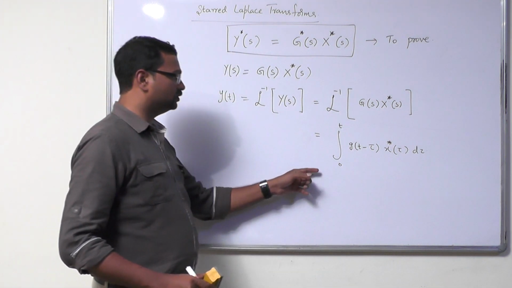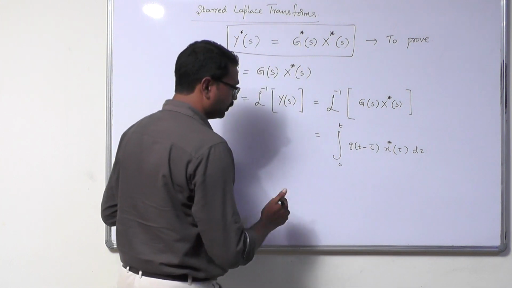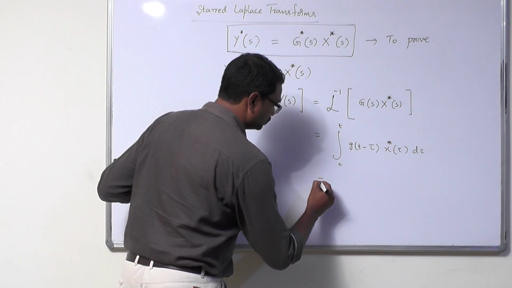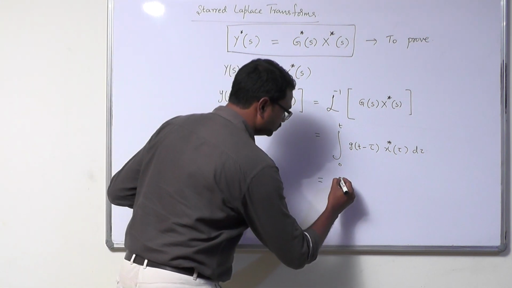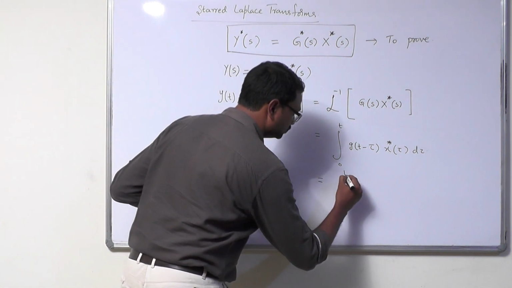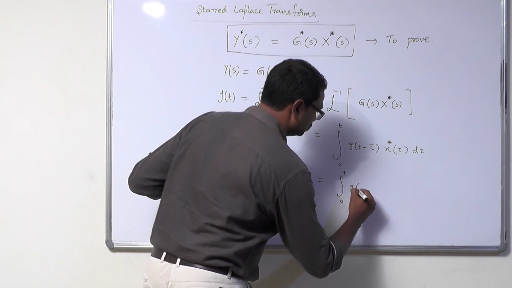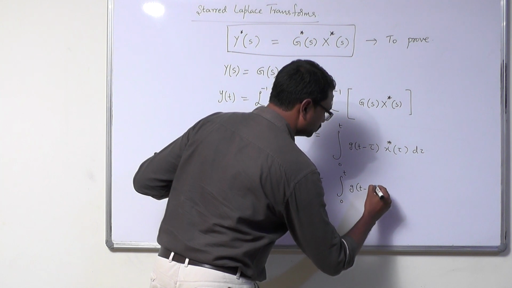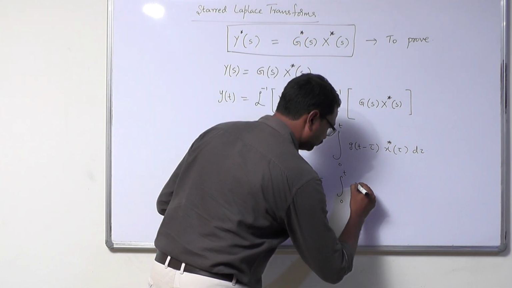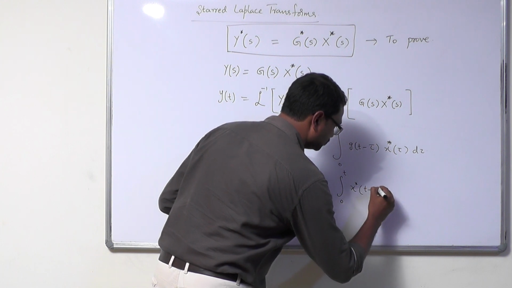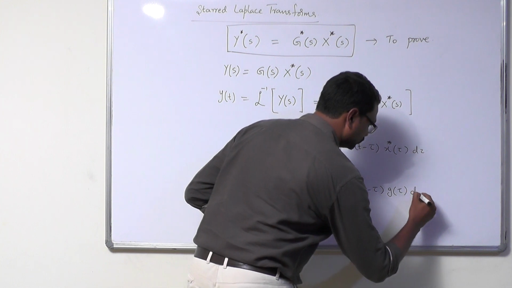So the integral from 0 to t of g(t minus tau) x*(tau) d tau, and hence, you can also write this as the integral from 0 to t of x*(t minus tau) g(tau) d tau.